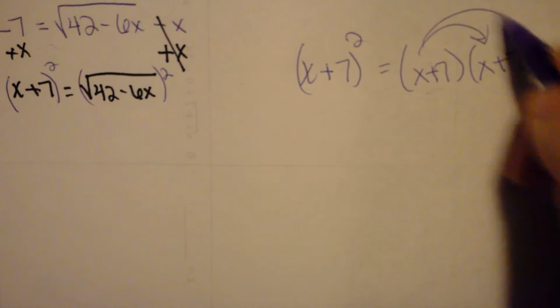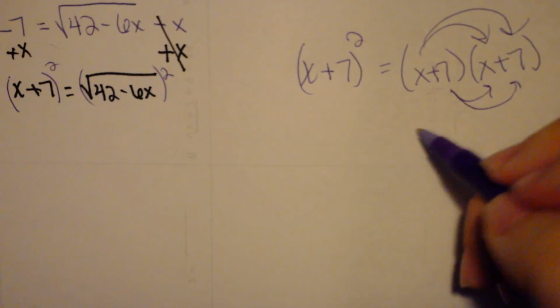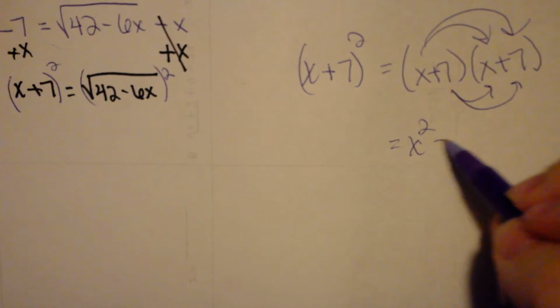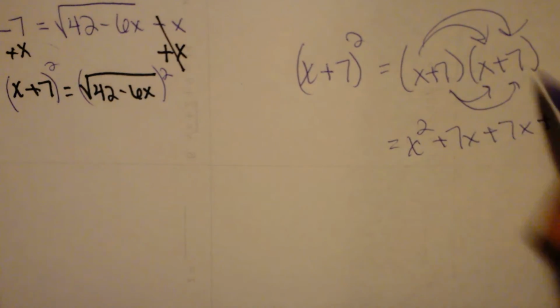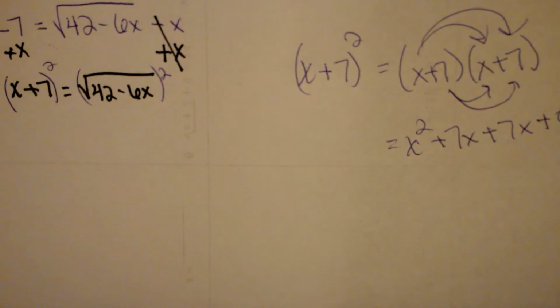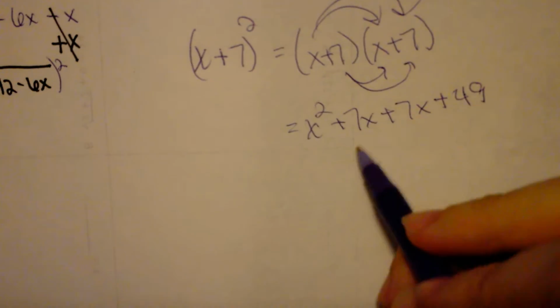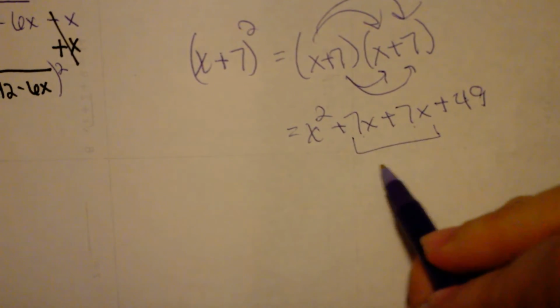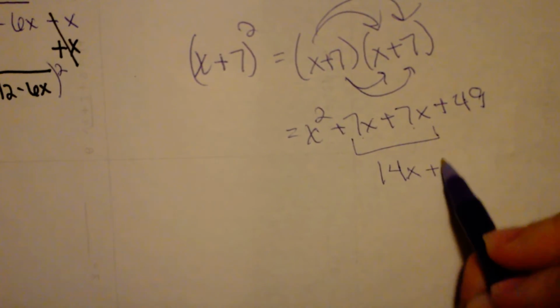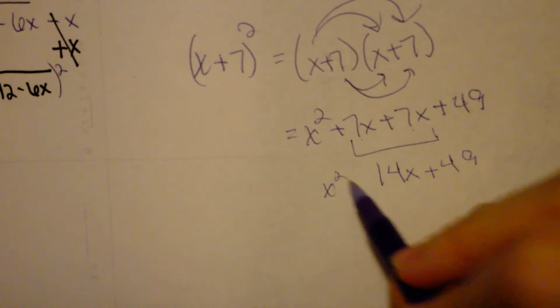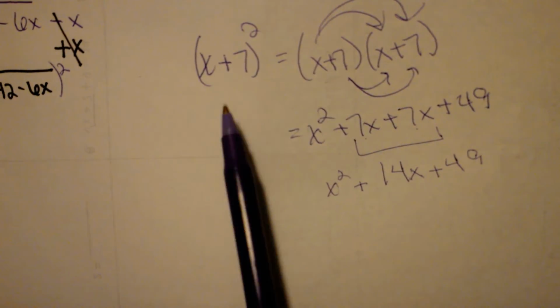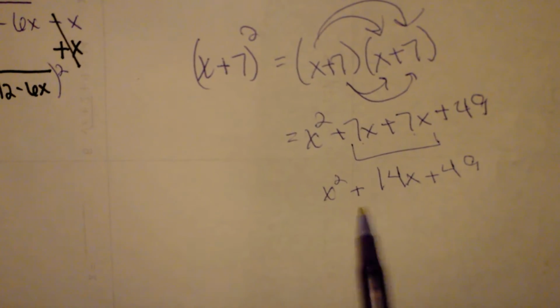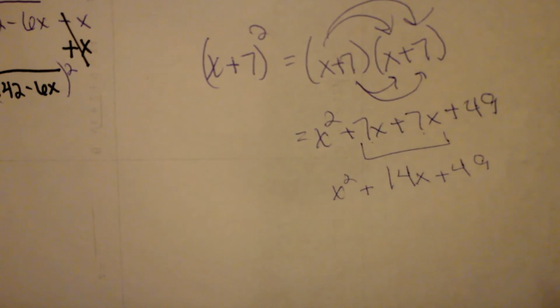So I'm going to distribute, I get x squared plus 7x plus 7x plus 49. So 7x plus 7x, those combine to be 14x. So x plus 7 squared is x squared plus 14x plus 49.